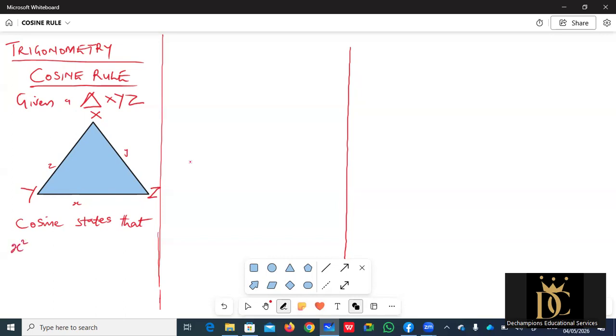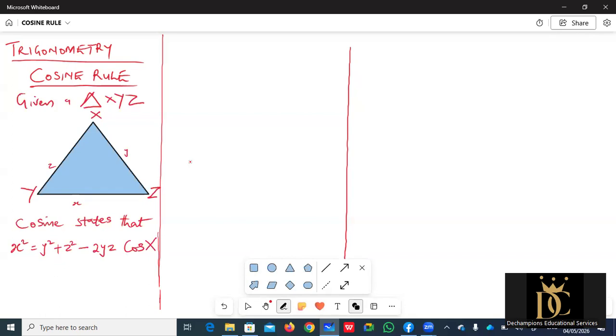x square is equal to y square plus z square minus 2yz cos x. So this formula can be used to find the side x.